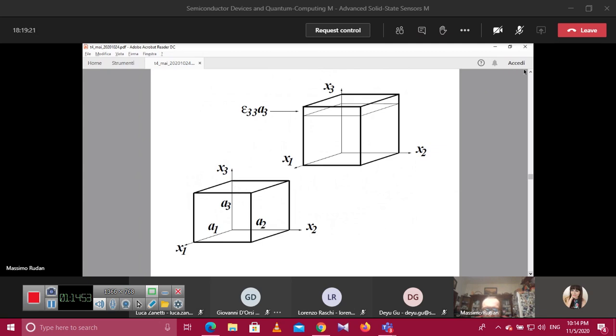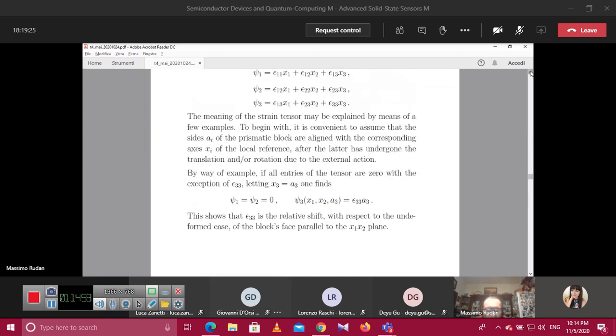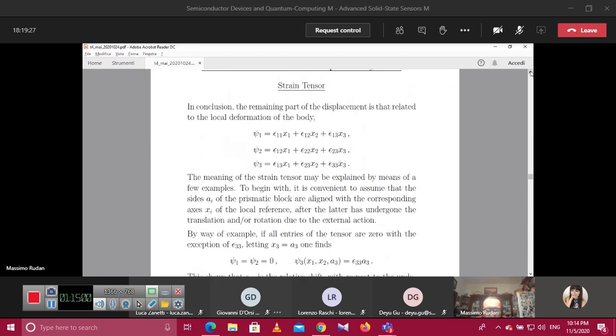Because if you go here in these expressions, if you want to analyze how the upper face deforms, you should replace the generic position x3 with A3, okay?